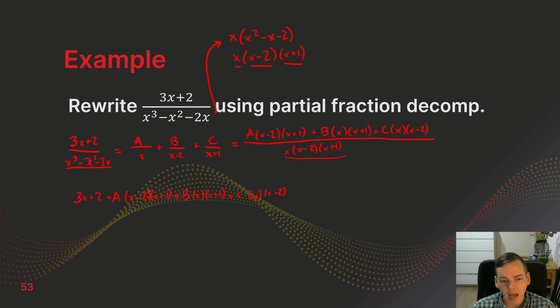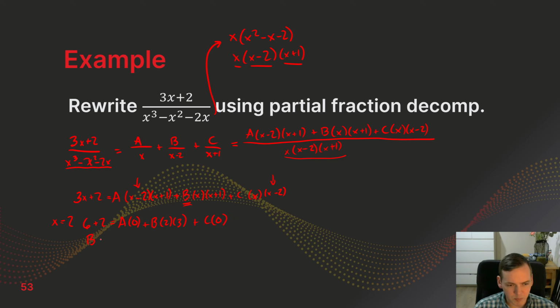But because these are factors, we can do a clever trick to solve this, which is to say that x equals 2 to start. I'm picking that because I know that it will make this term and this term equal to 0, which means I'll just be left with an unknown of B. So with x equals 2, we get 6 plus 2 equals A times 0 plus B times 2 times 3 plus C times 0.